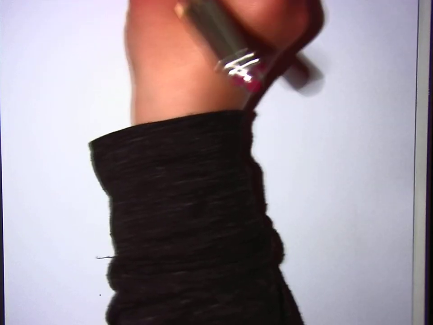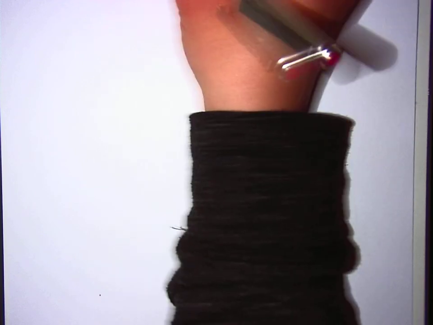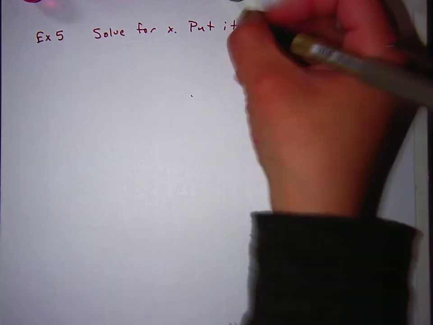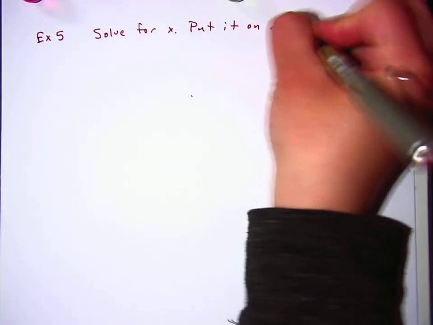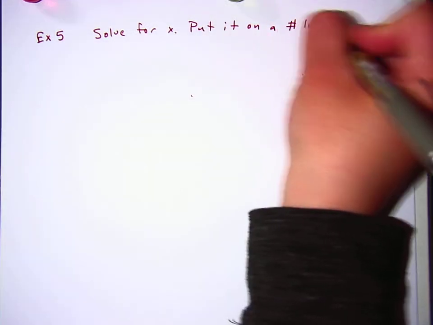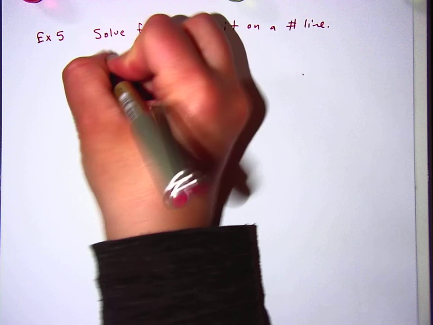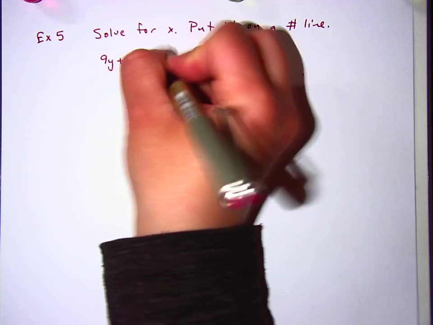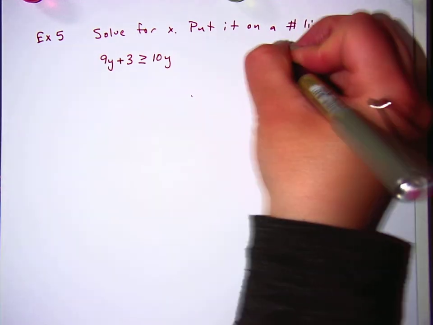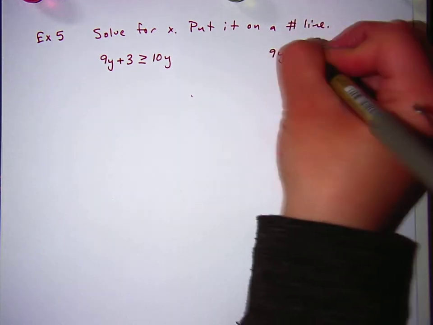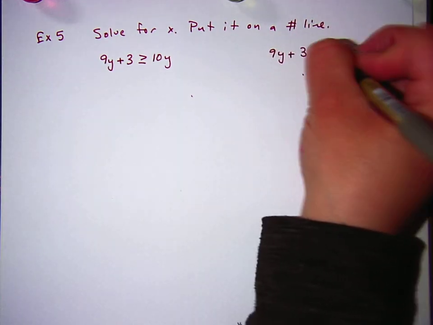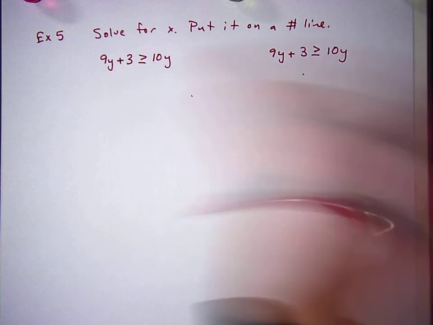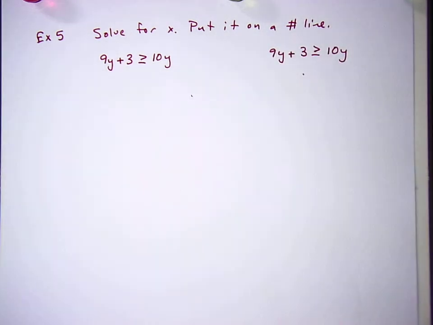Solve for x and put it on a number line. So the equation is 9y plus 3 is greater than or equal to 10y. And I'm going to put the same equation over here. And the reason why I'm doing that is because I'm going to solve it in two different ways, because I can imagine two different ways that you might solve it.